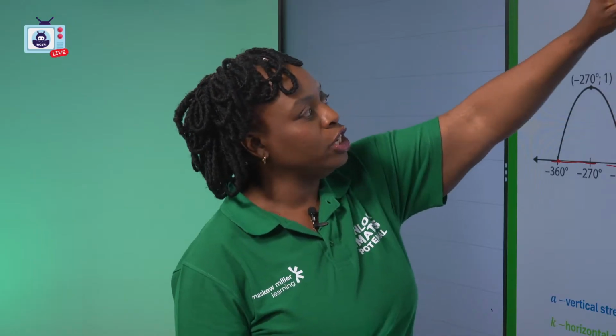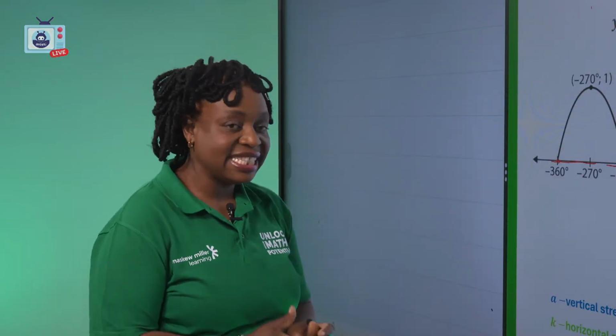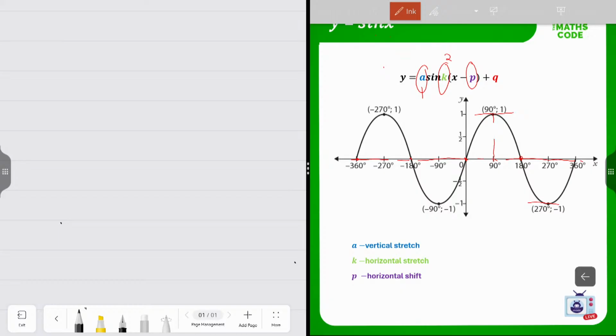P is a horizontal shift. So you need to just remember this: there is a stretch and there's a shift. So this is a horizontal shift. What does it mean?